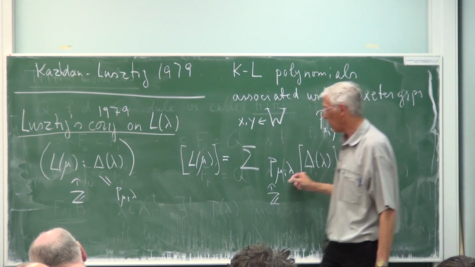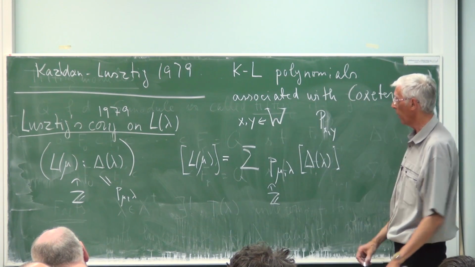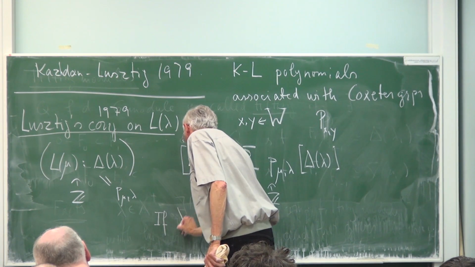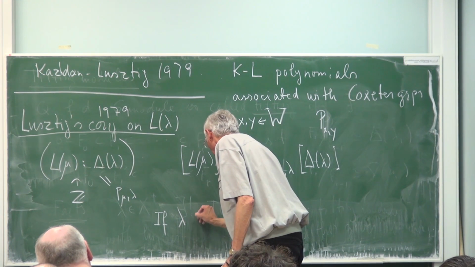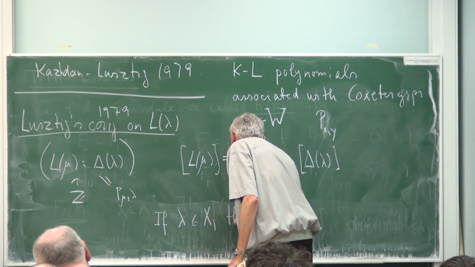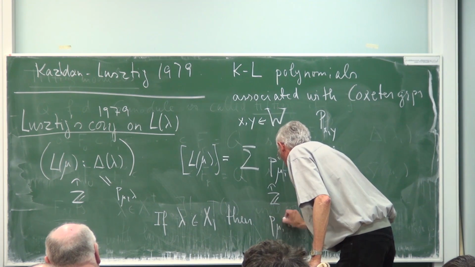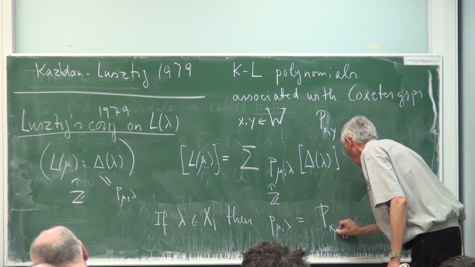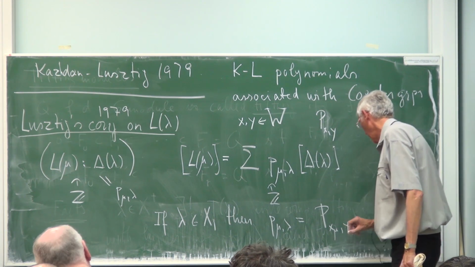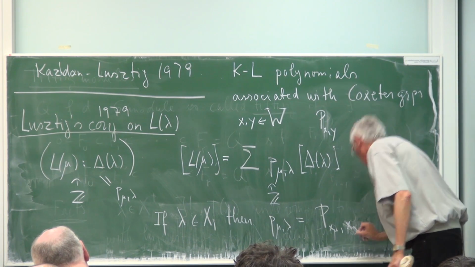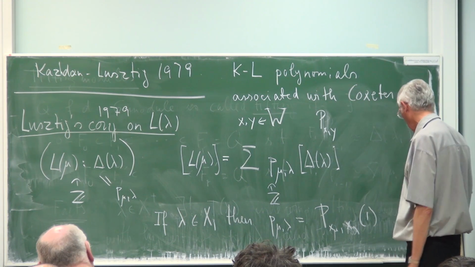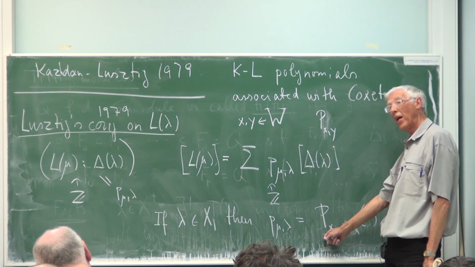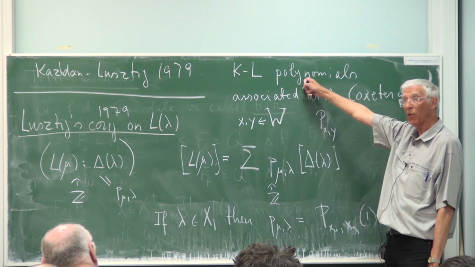Then Lusztig conjectured that if lambda is in x1, then p mu lambda is, well, I'm not going to be very precise here, there will be two elements, x mu and x lambda, from a particular Coxeter group, such that these integers that you are after are given as the values at one of the Kazhdan-Lusztig polynomials.